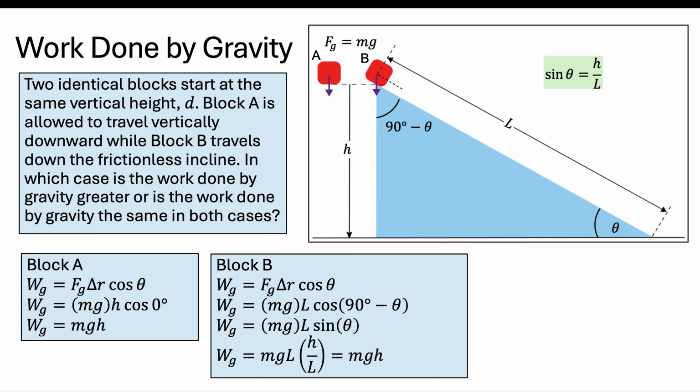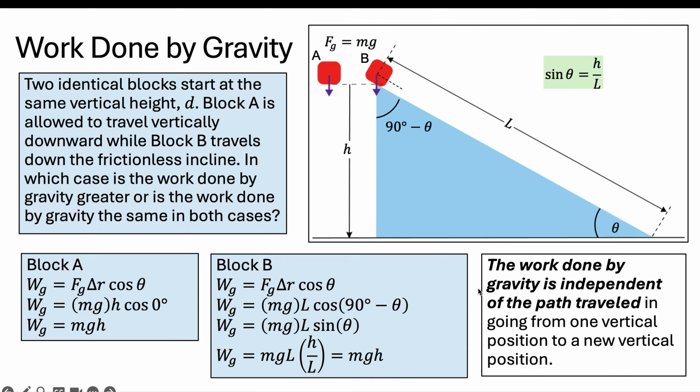In both of these cases, it is just dependent on where we started, which was our initial position. Our initial vertical position is this height h. And then where the block ends up, which is at the bottom, which is our final vertical position y. So the work done by gravity is independent of the path.